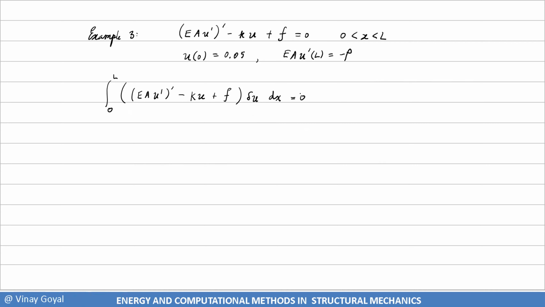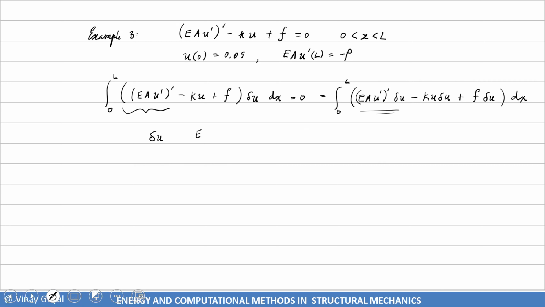You can see here the only thing that has a prime is this one. I will write this a little more compact. And the only thing that has a prime is this one. That's the one I'll integrate, and I'll try to get the same number of derivatives on either side.